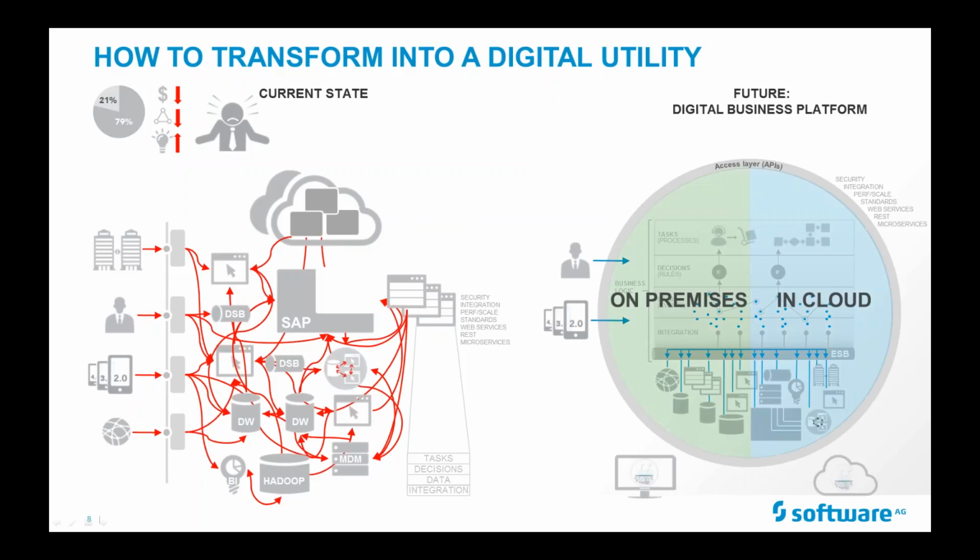So this is essentially our vision of the digital future and how you should organize your systems, and whether you want on-premises or in cloud, this is our future vision for the digital business platform.